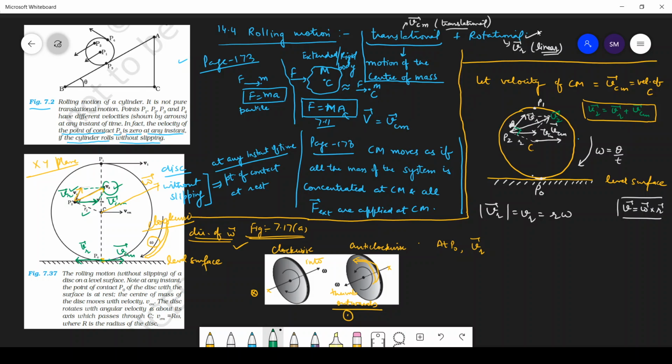Students, I have written both the things over here. This is your linear velocity, this is your translational velocity. They are equal and opposite. So what will be the resultant? VR is equal to minus VCM at P naught. So what will be the net velocity?